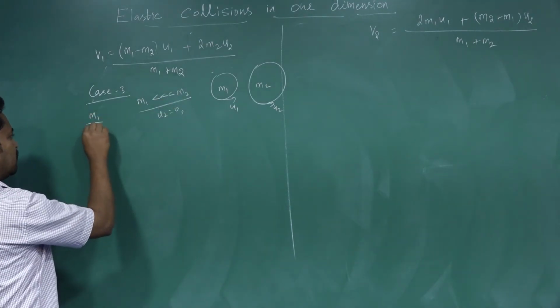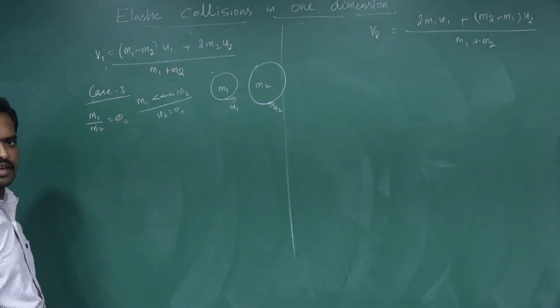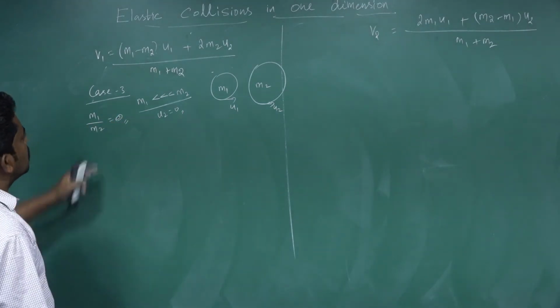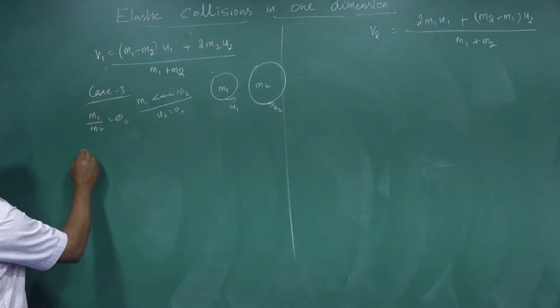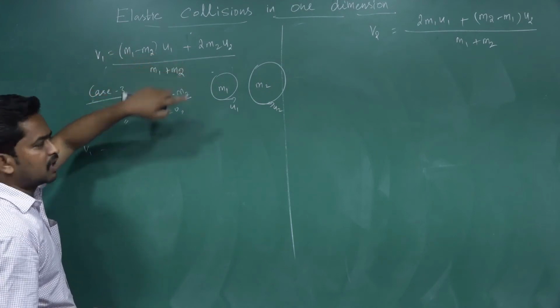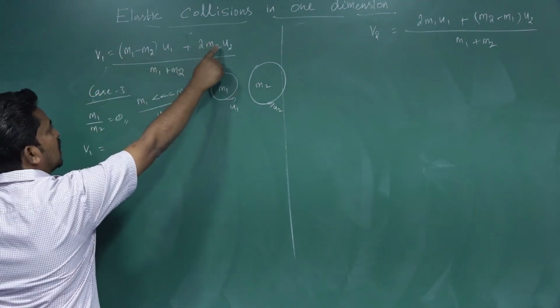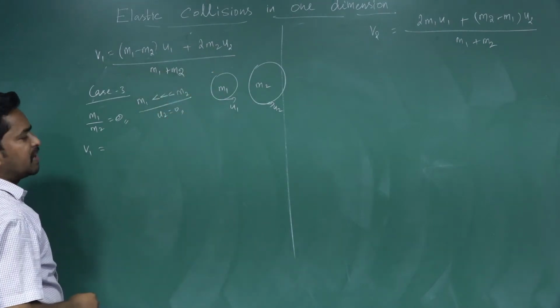So m1 divided by m2 is almost equal to 0. Substitute into the equation v1 equal to (m1 minus m2) u1 divided by (m1 plus m2), dividing everything by m2.